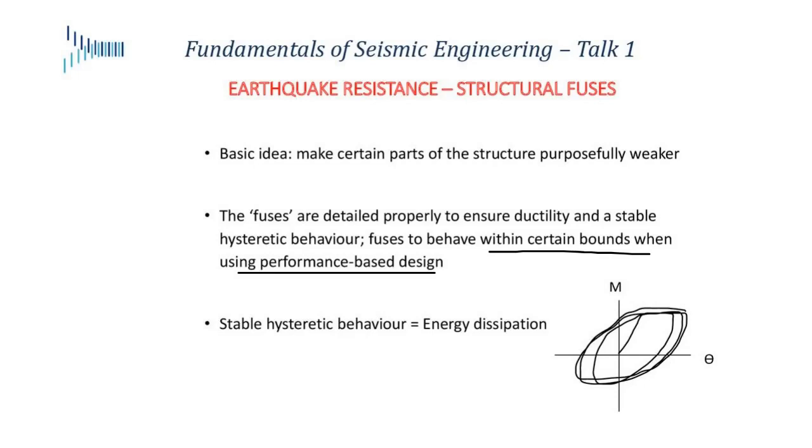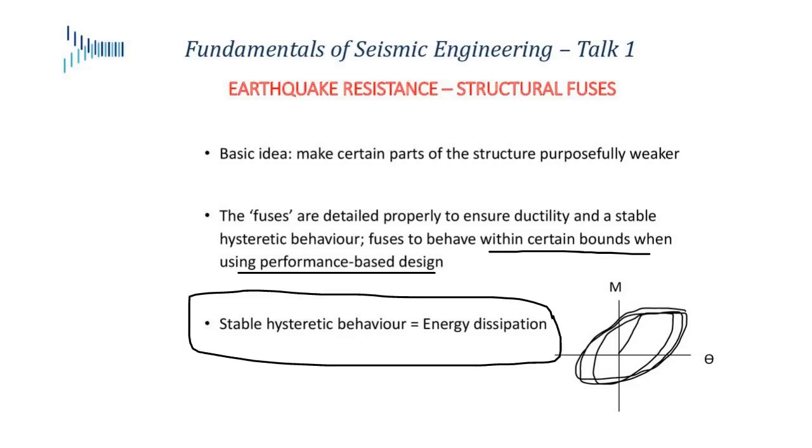But really, a fuse or a plastic hinge, and a flexural plastic hinge is not the only fuse known to us. There are other ones, but really, it needs to have stable hysteretic behavior. So here, I've drawn a moment rotation curve under cyclical loading.